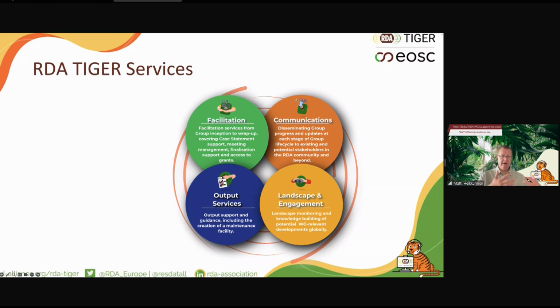Communications, which is using the RDA channels to promote the working groups and their work. Output services, which is essentially creating a structure for keeping track of the outputs and relevant inputs in a coherent way, so that you know which are the latest versions of the input and output documents, and making sure they are in a knowledge base that allows you to see the connections between the authors and documents and so on.